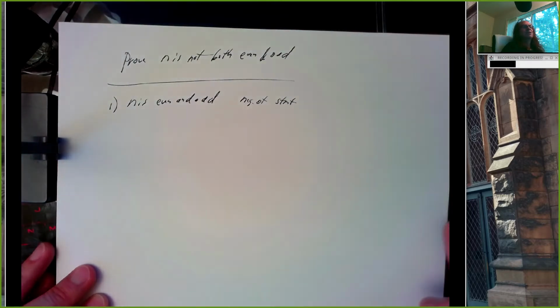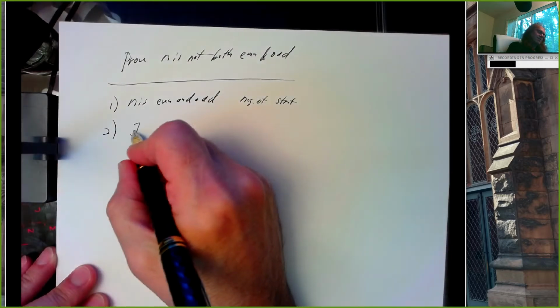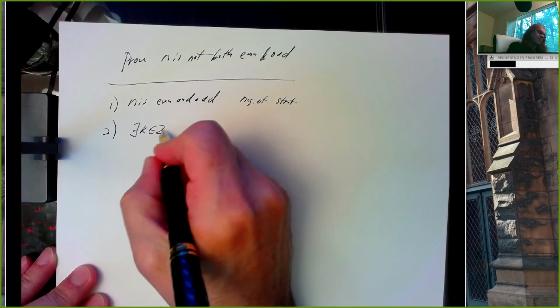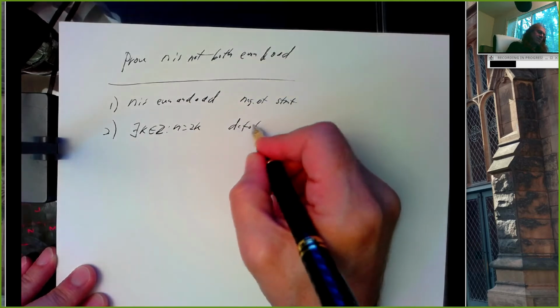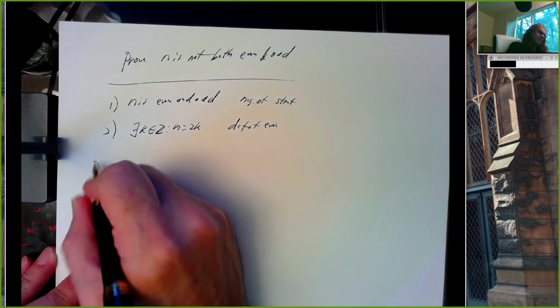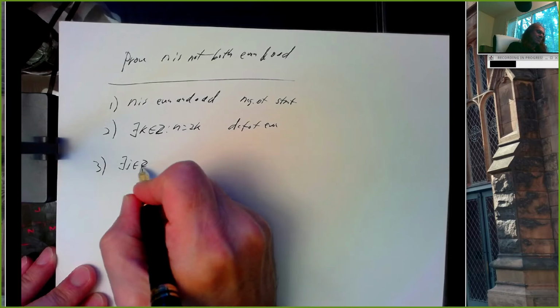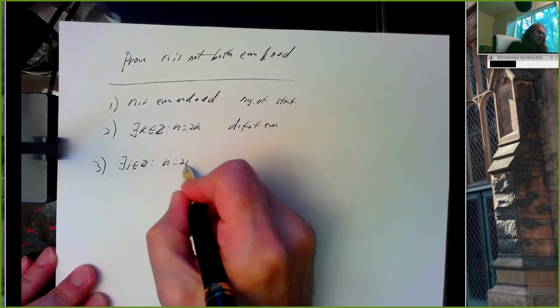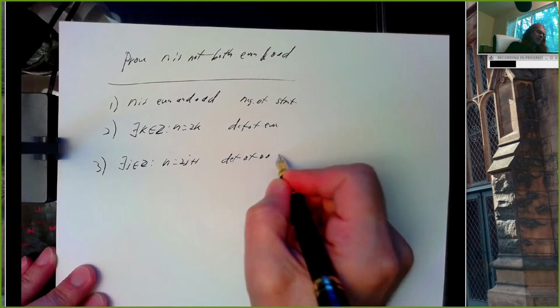And we just need to find a contradiction. Well, if n is even, there exists some k such that n equals 2k. That's the definition of even. Since n is odd, there exists a j such that n equals 2j plus 1. That's the definition of odd.